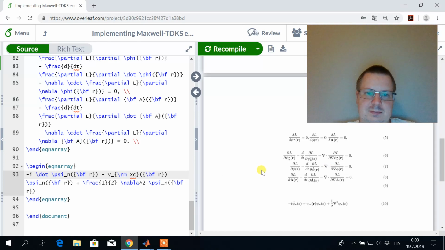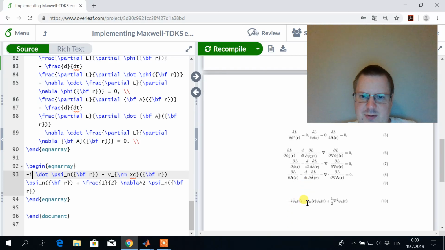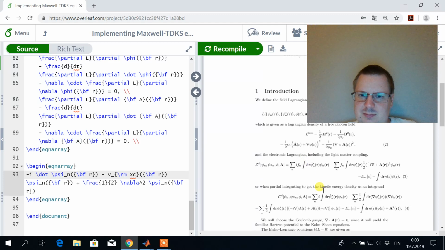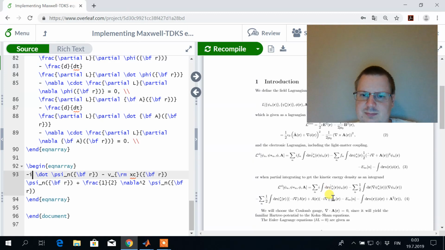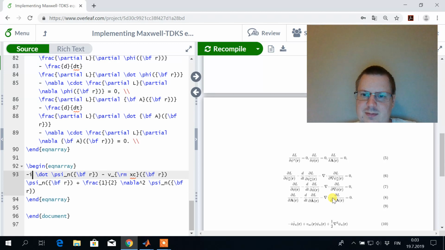And I'm not sure about the sign of this one. So this sign is wrong. So here we have I, and we have psi star, and then we have minus from here.